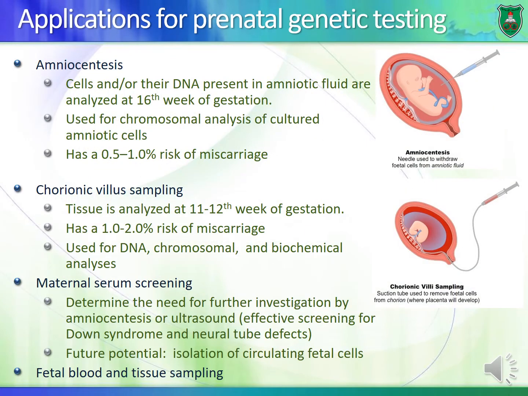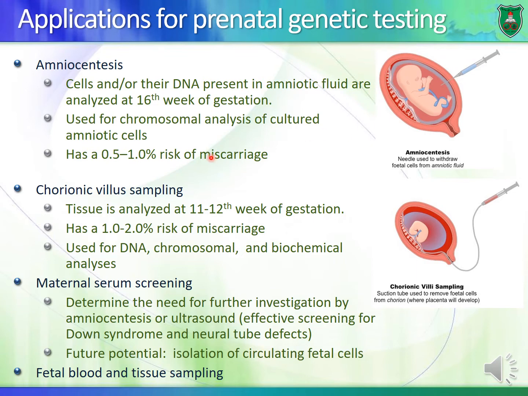Now, there are different types of prenatal genetic testing that can be done. Probably one of the most common is amniocentesis, where basically the cells or DNA are collected from the amniotic fluid at the 16th week of gestation. In this case, cells are cultured, and DNA can be isolated directly from the amniotic fluid and analyzed by PCR or FISH, for example, if there are chromosomes that can be isolated.